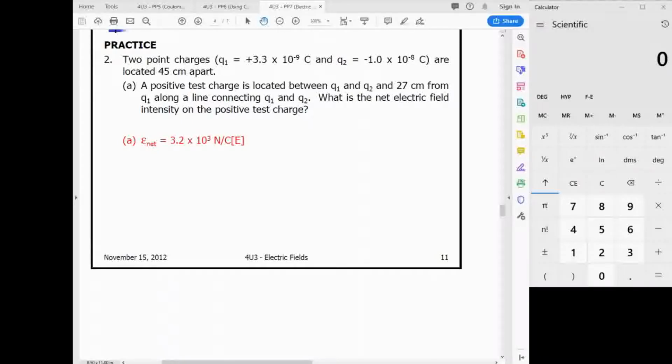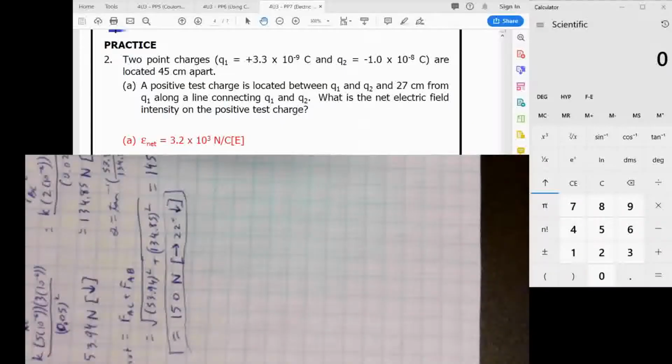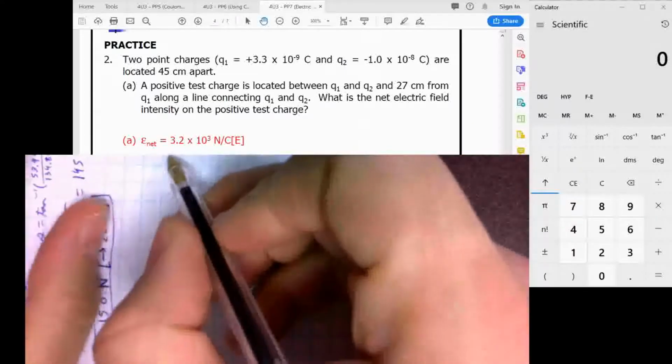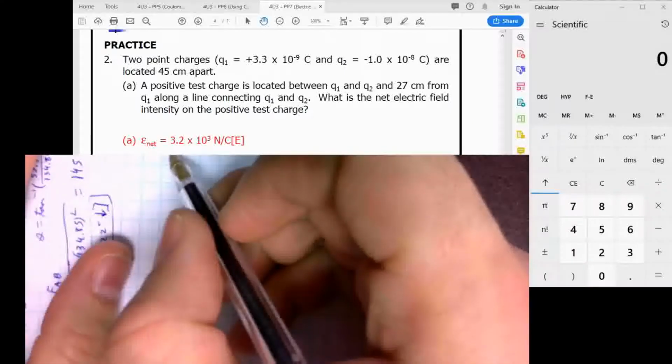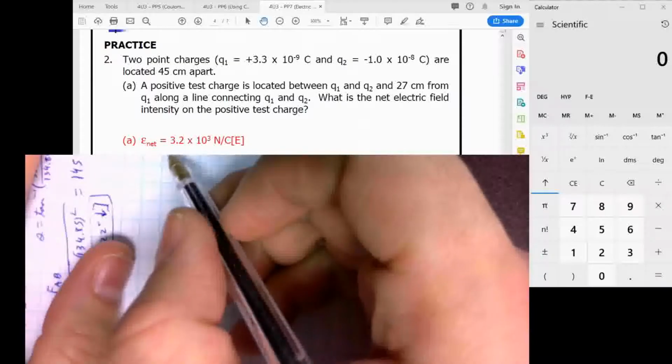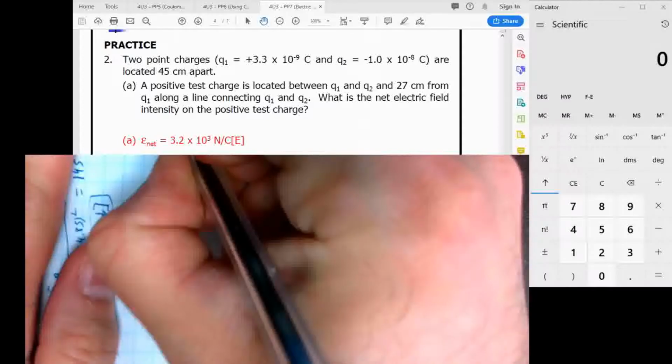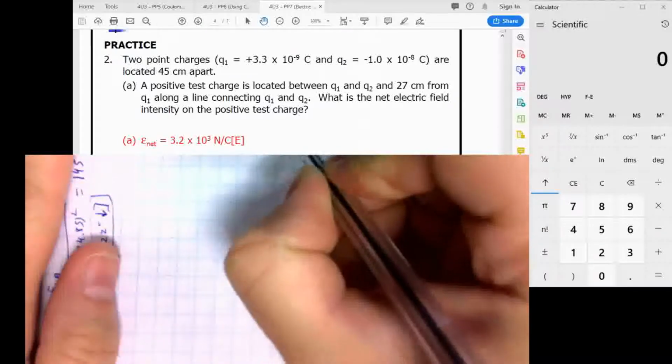So what we're going to do, let me draw this, and we'll understand this a bit better. So we have a Q1 and a Q2, and then there's a charge located between them. So here's our Q1. Here's our Q2.